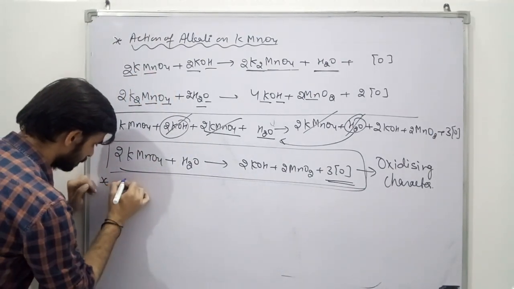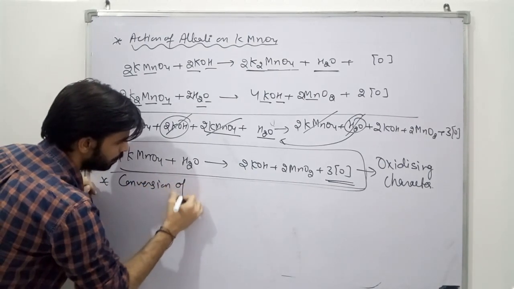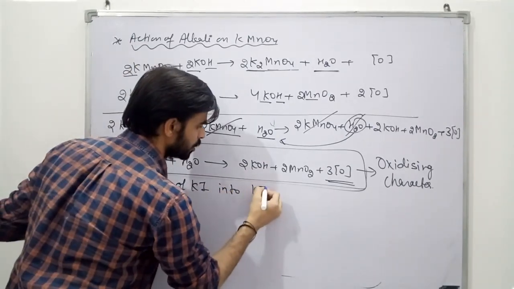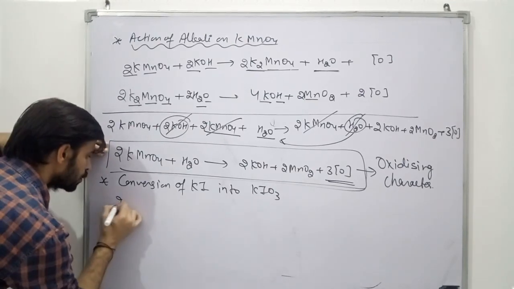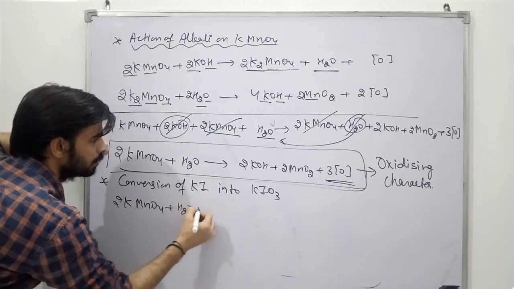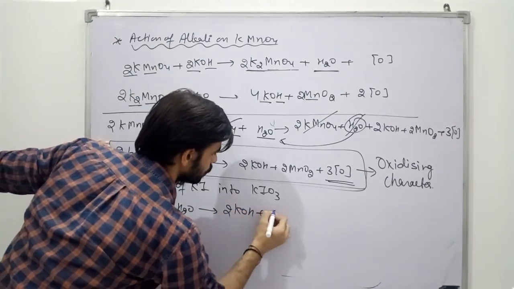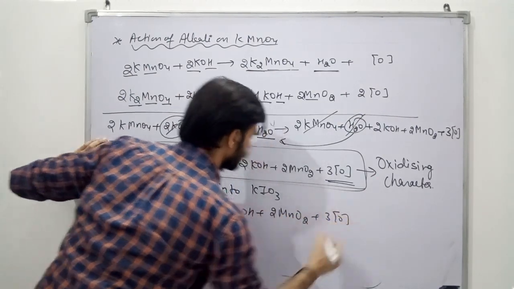Conversion of potassium iodide into potassium iodate. So in this equation, twice of KMnO4 treated with water gives twice of KOH, twice of manganese oxide plus 3 times of nascent oxygen.